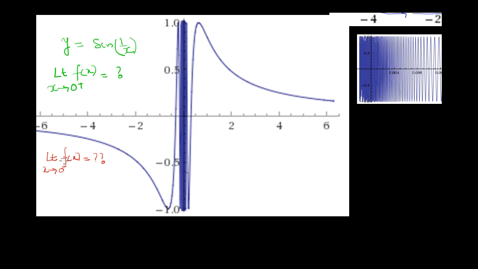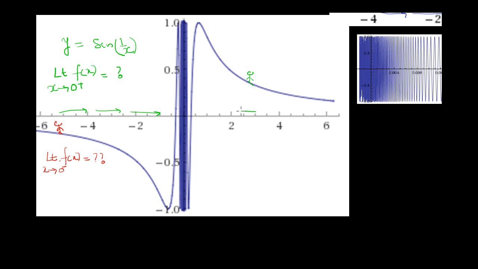So first, in order to find this, we have to position one person here, and in order to find this, we have to position another person here. Now we ask them to move as we change the x in this direction, and x is becoming 0 from here.